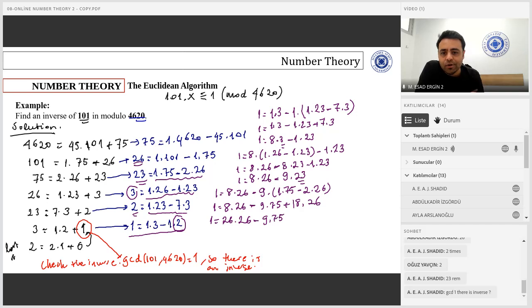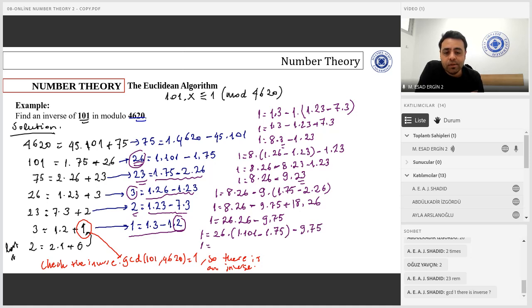At the next step, we are going to use 26 here. And it is 1 equals 26 times, what is the 26? It is 1 times 101 minus 1 times 75 and minus 9 times 75.